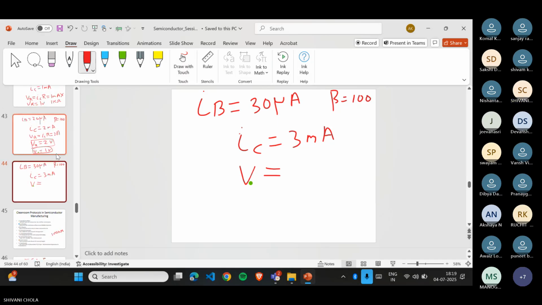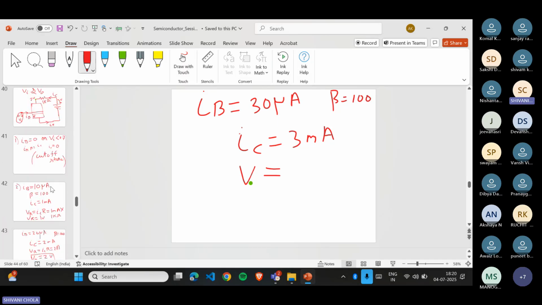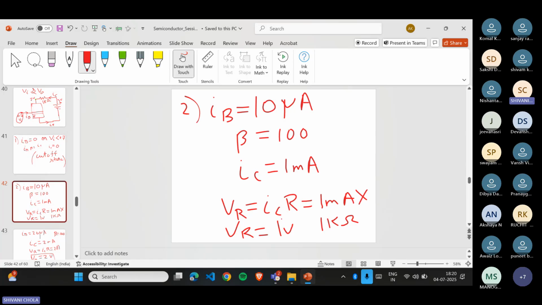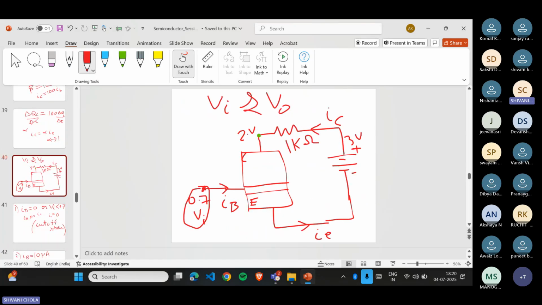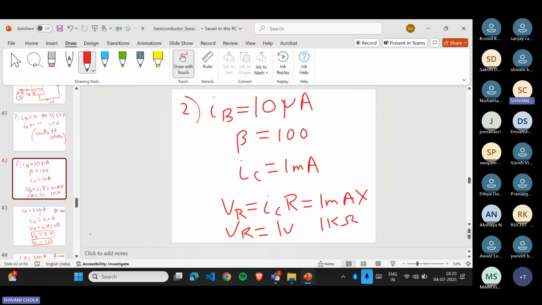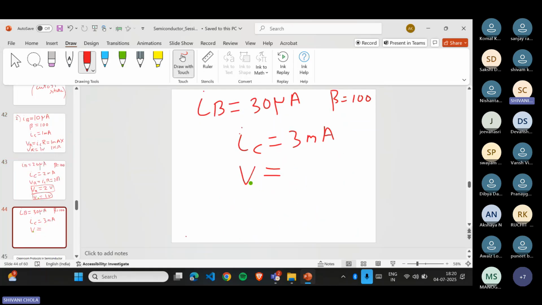Zero. Yes, it will be 0, right? See, initially you got 2 volt at this point. Then you got 1 volt. Now it will be 0, right? Clear? Or can I explain again?